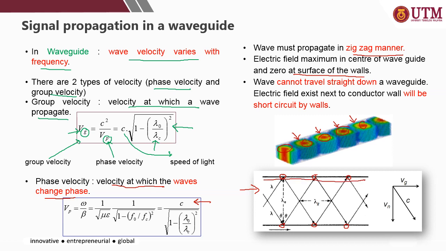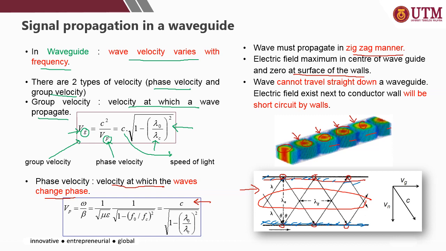The blue lines appear here, while the red field distribution is higher at the center. So the wave cannot travel straight down a waveguide due to the reflection at the wall, and the electric field next to the conductor will be short circuited by the walls. That's why we can see very minimal field distribution beside the wall.